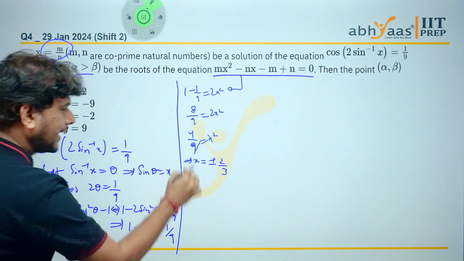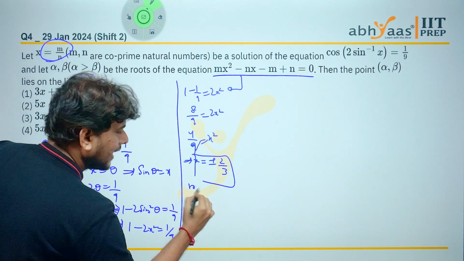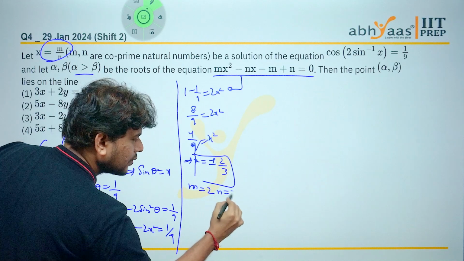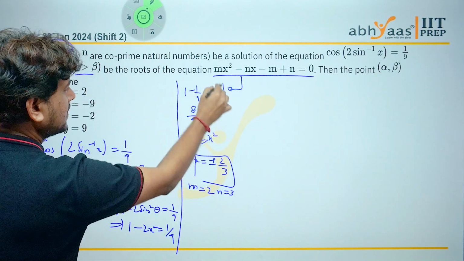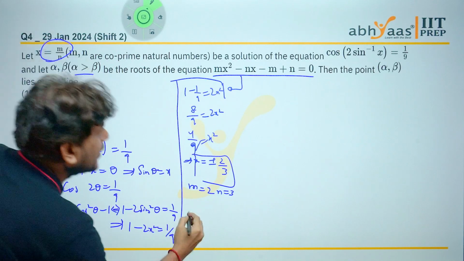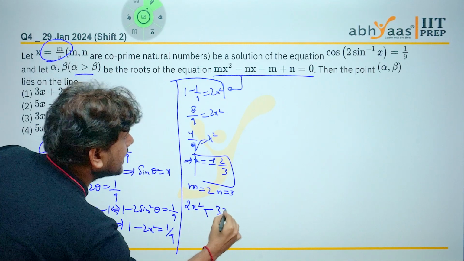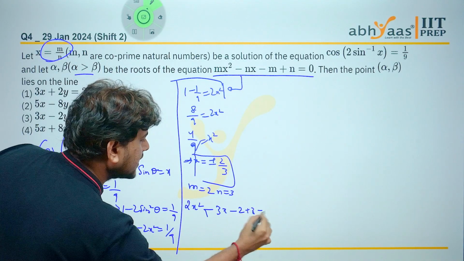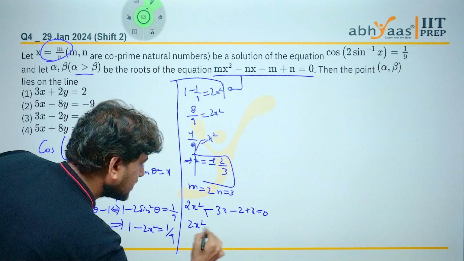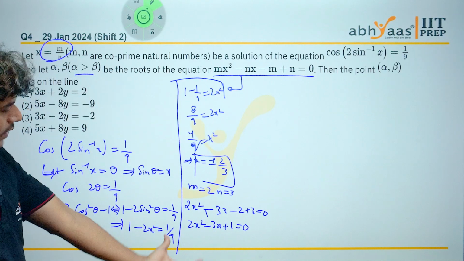Okay, we got the x value in the form of m by n, where m equals 2 and n equals 3. Now we have to substitute it here. So 2x square minus 3x minus 2 plus 3 equal to 0. So 2x square minus 3x plus 1 equal to 0. Now again we have to solve.